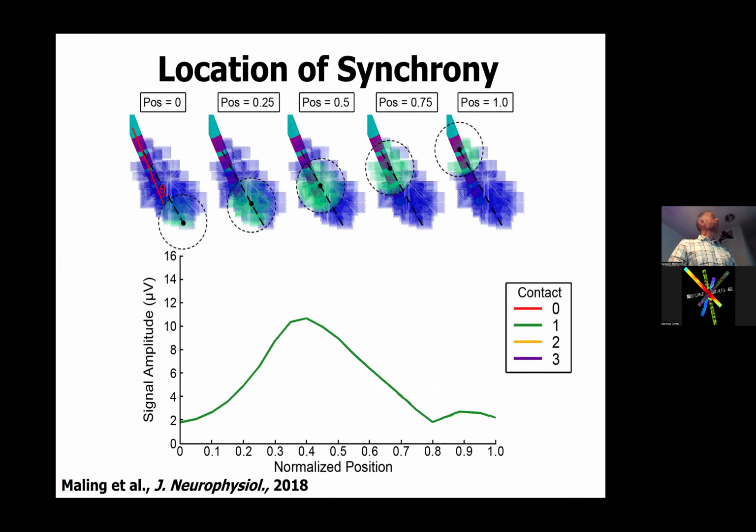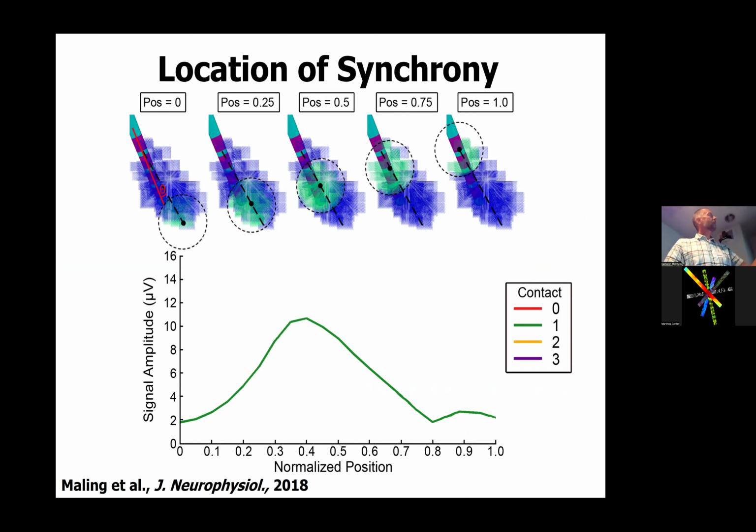And one of the questions that we wanted to look at was, what happens to the signal if we move this synchrony around, right? So we didn't think that the whole STN was going to be synchronous at once. That wouldn't really make much sense. We know a lot about how the STN is broken up into different compartments or regions.